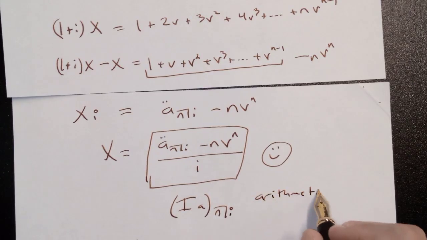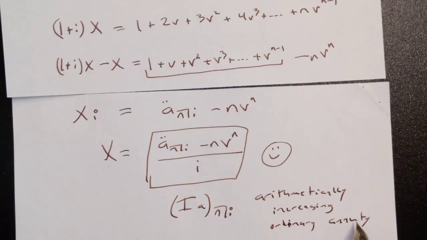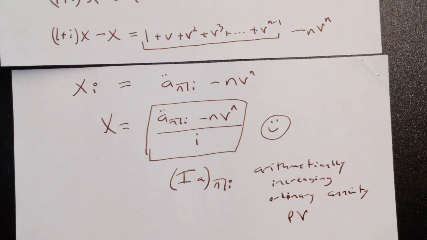Arithmetic increasing ordinary annuity, present value. A, because it's present value. I for increasing.